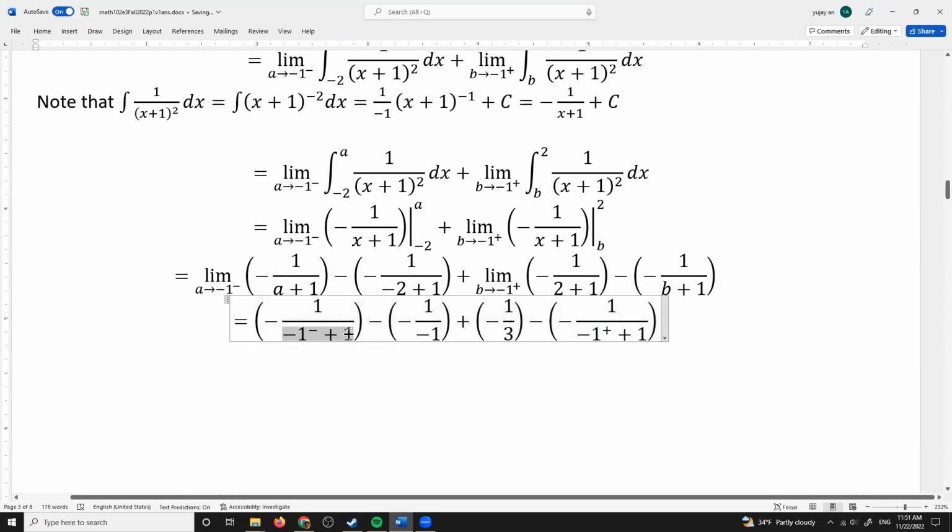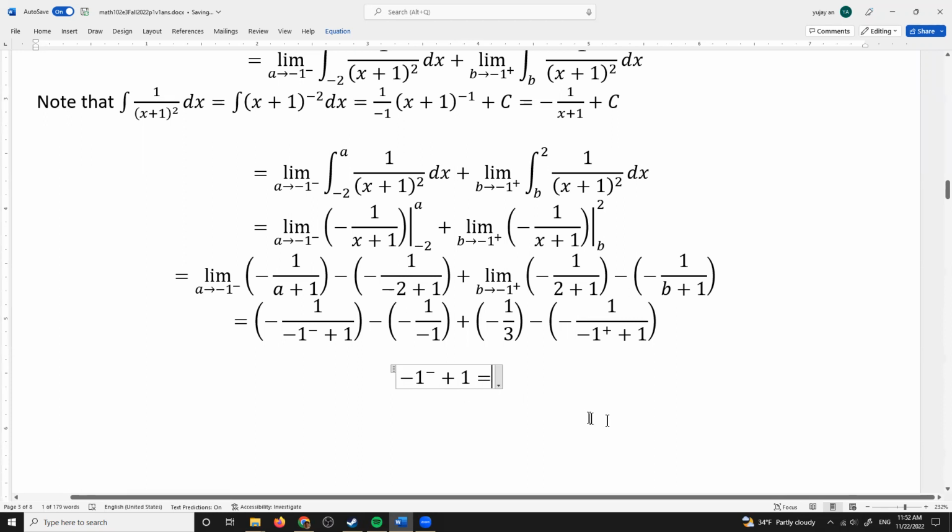And we have to figure out what this one is. Can anyone unmute and tell me what this value is? 0. Oh, it's 0, but it's slightly less than 0, right? Yeah, because this one means slightly less than -1. So this is more like -1.0001.